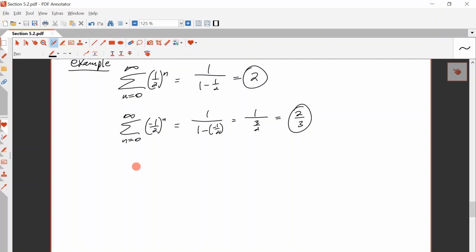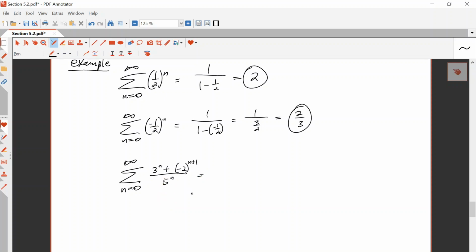How about this? The sum from n equals 0 to infinity of 3 to the n plus minus 2 to the n plus 1, over 5 to the n.